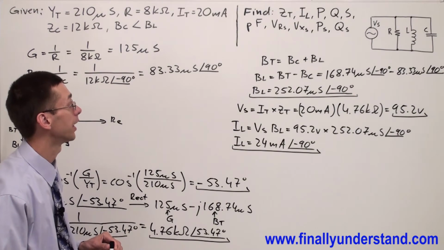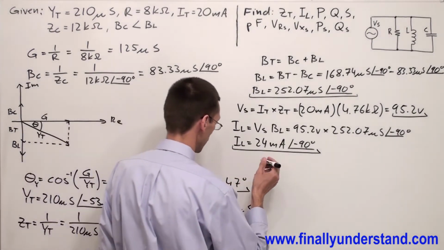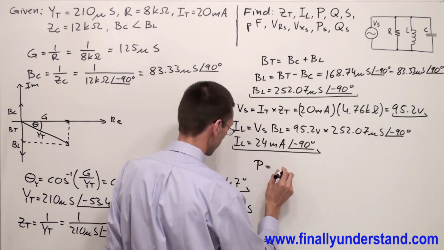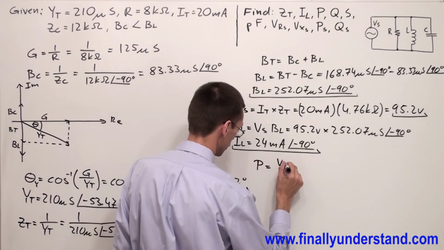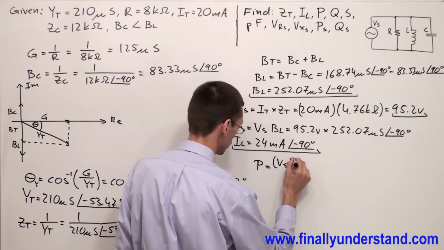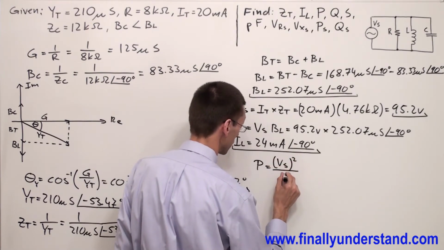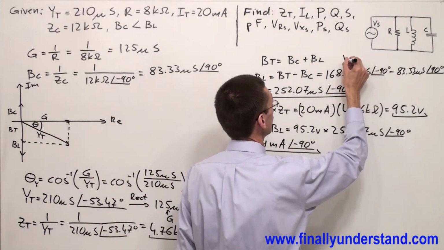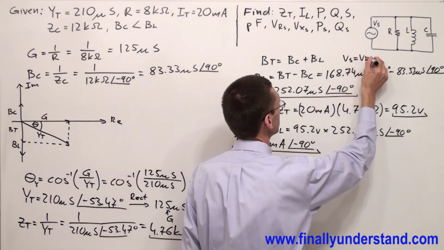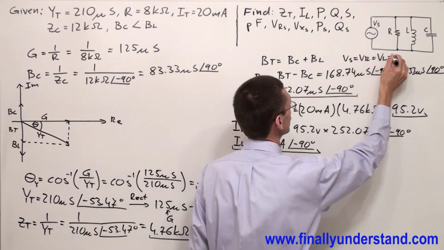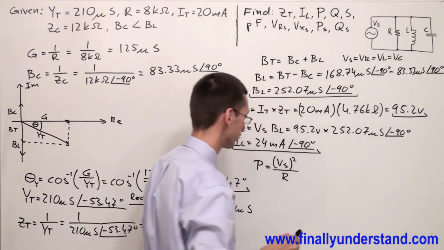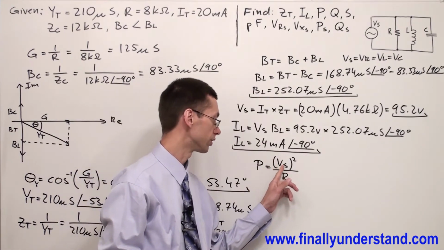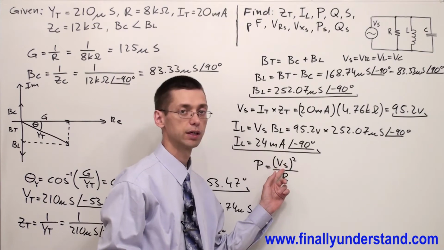Next we are going to find the true power. True power is equal to voltage source raised to the second power over the resistance. Please notice that we are talking about the parallel circuit, so voltage source is equal to VR, this is also equal to VL, and this is also equal to VC. So if I write in my formula VR or VL or VC or voltage source, it doesn't make any difference.